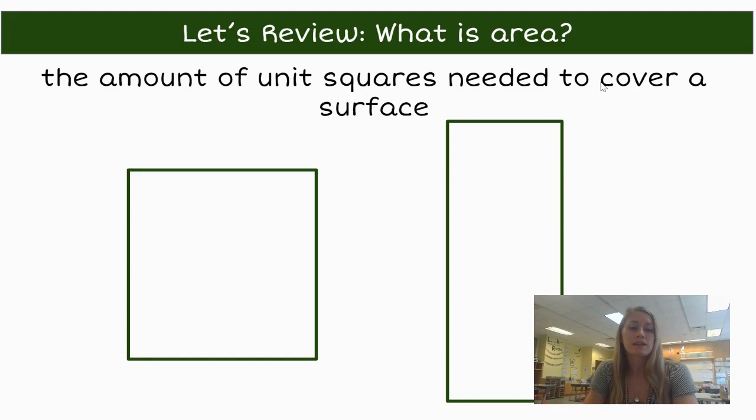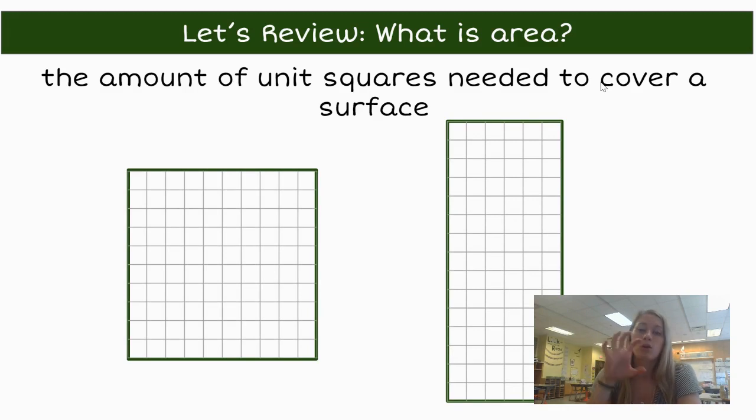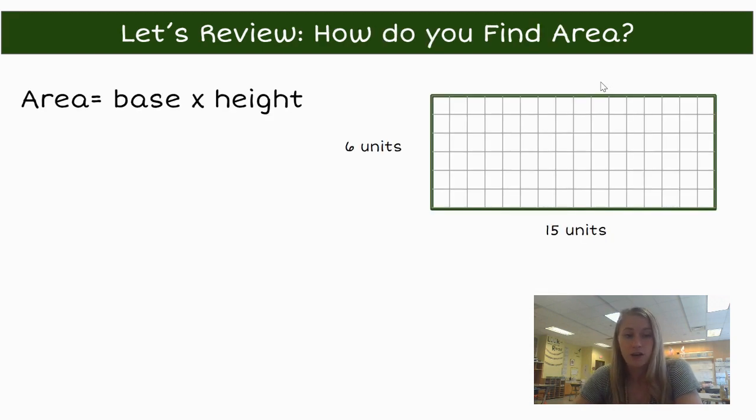So let's review. What is area? Area is the amount of unit squares needed to cover a surface. So remember, we always think the area is the inside of the shape, how much space it takes up. To find area, we have to do base times height. In other words, we're seeing how many groups of squares are in this shape.